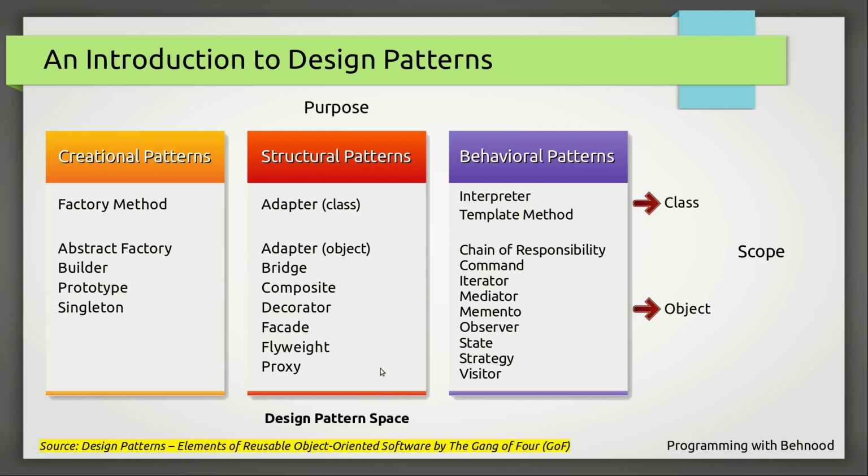Behavioral class patterns use inheritance to describe algorithms and flow of control, while the behavioral object patterns describe how a group of objects cooperate to perform a task that no single object can carry out alone.